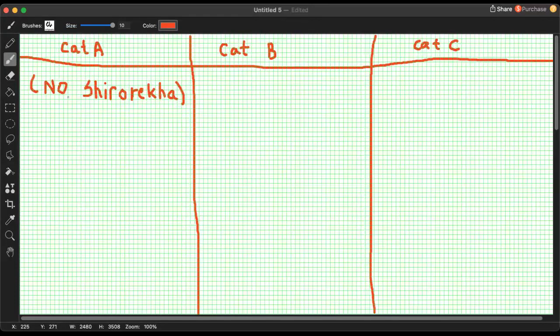So, what are the alphabets that fall under this? If the alphabet is touching the Shiroreka just once, if you're adding it as a conjunct, it will not have that Shiroreka. Example, as I told you, Anna.